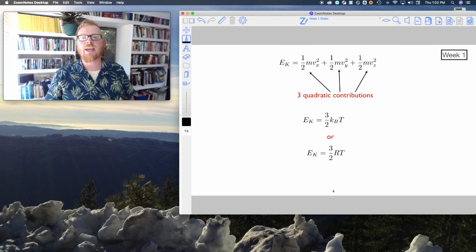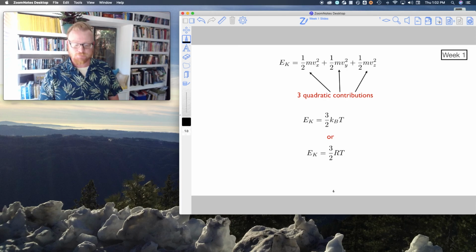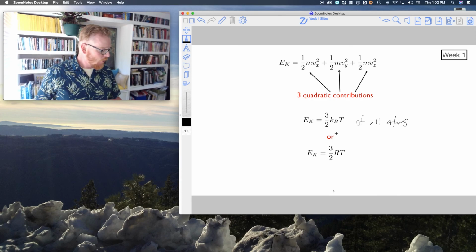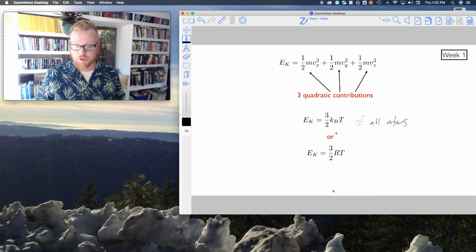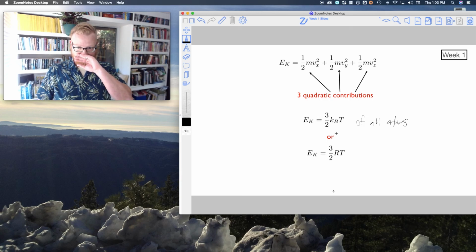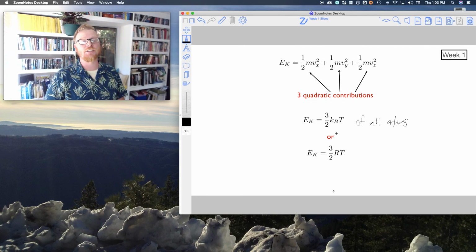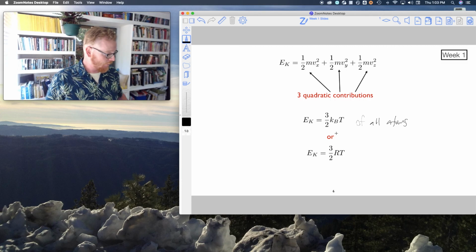So if we know each quadratic contribution contributes 1/2 kBT, and we have 3 of them, then the kinetic energy of all atoms is 3/2 kBT for a single atom, or 3/2 RT for a mole of atoms. So 3/2 kBT is the kinetic energy. Maybe you remember that equation from Chem 109. This is where it comes from. It comes from the equipartition theorem.